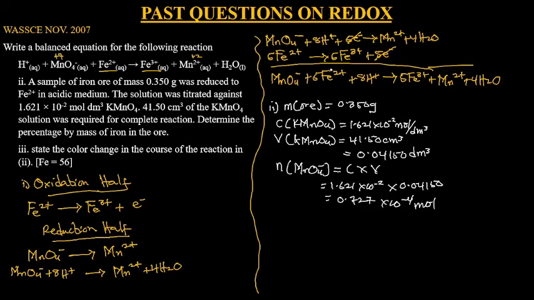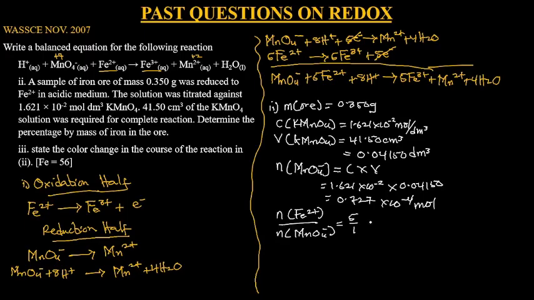So when we find the mole of this, then we can find the mass of iron. So the mole ratio between the iron or Fe2+ and MnO4 minus, from the equation, is 5 is to 1. 5 over 1.